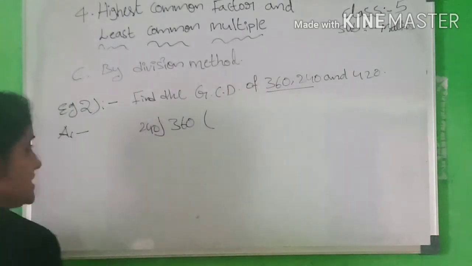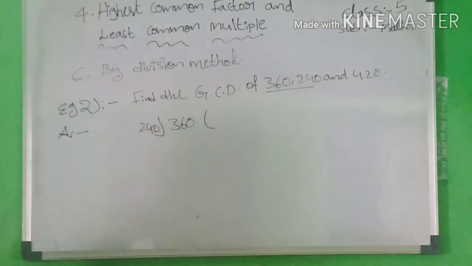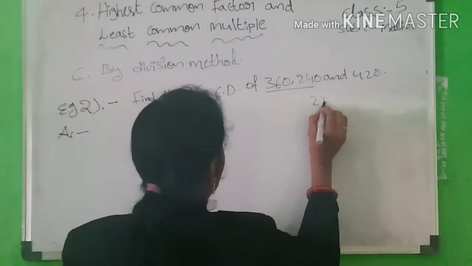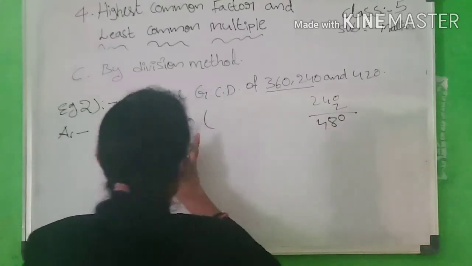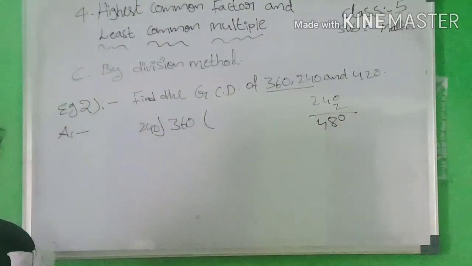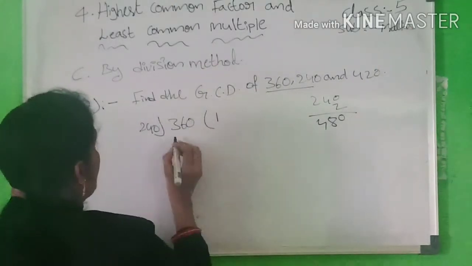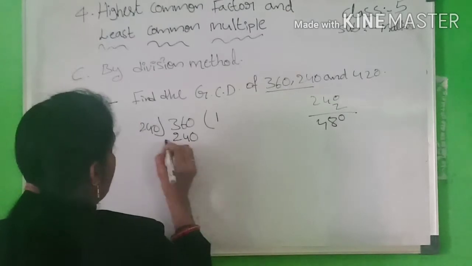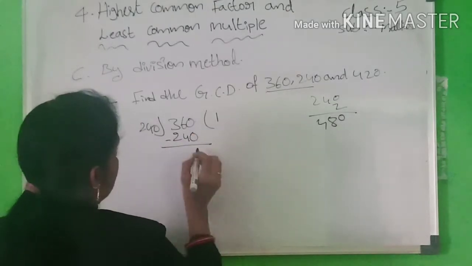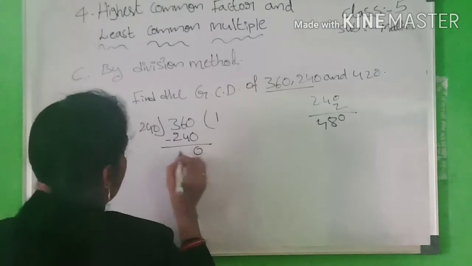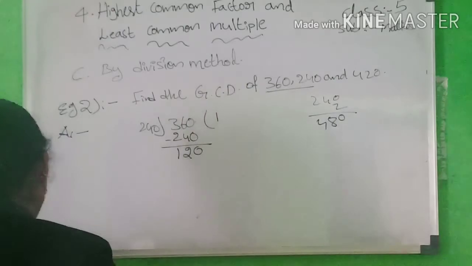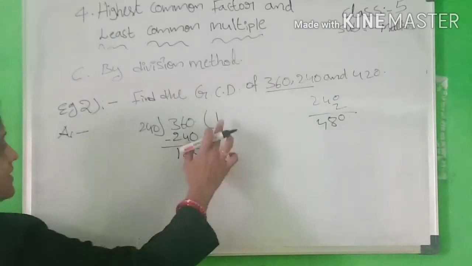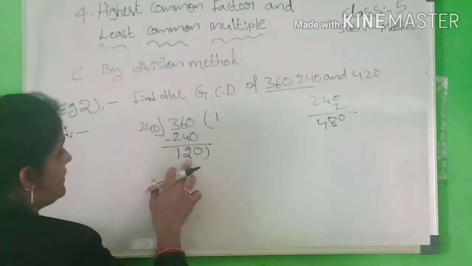Divide 360 by 240. 240 2s are 480, but the dividend is 360, so it's only 240 ones are 240. Subtract: 0, then 6 minus 4 is 2, 3 minus 2 is 1. We get remainder 120.